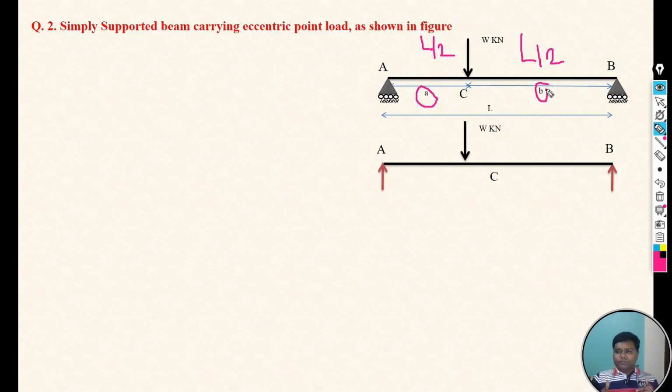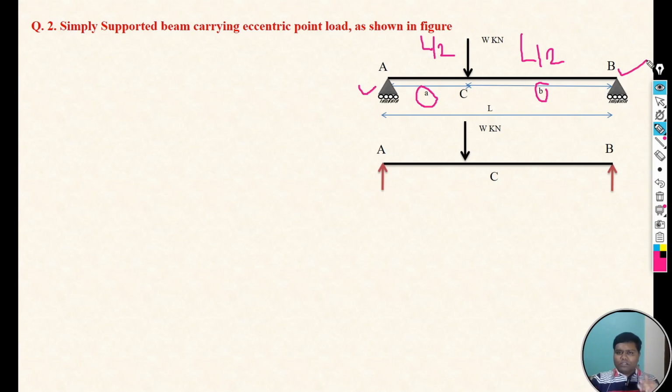As we know, first we have to draw the free body diagram, or we can say the line diagram. While drawing the line diagram, first draw the support reactions as per the support given to us. Here we have roller support at A point and roller support at B point.